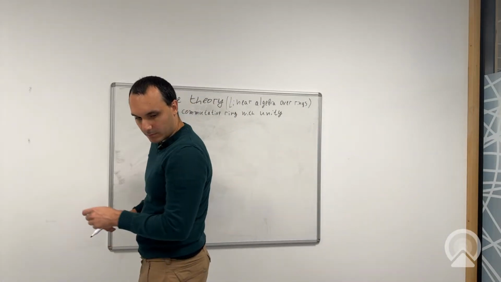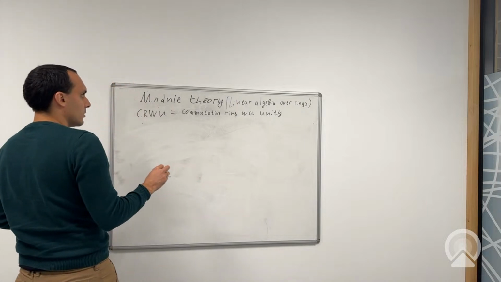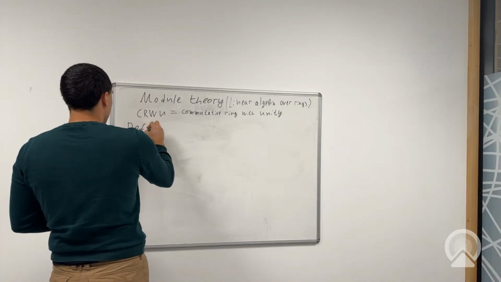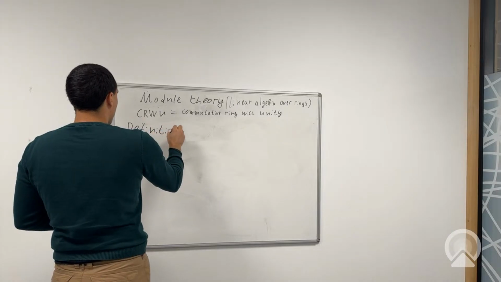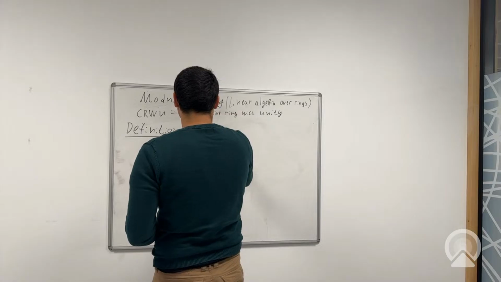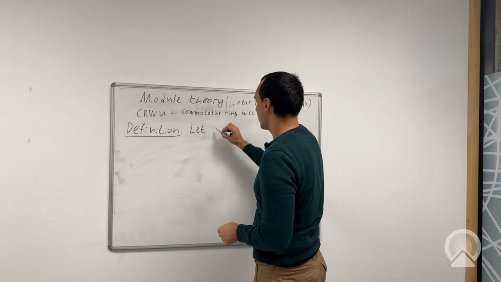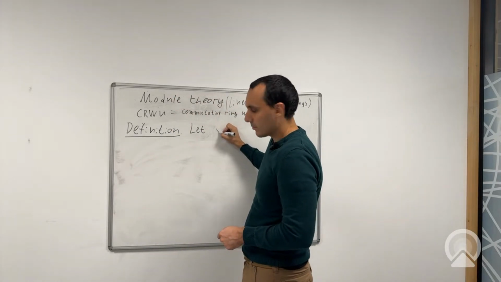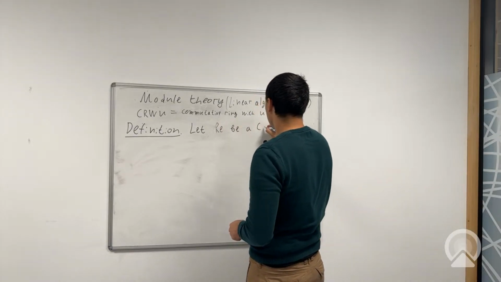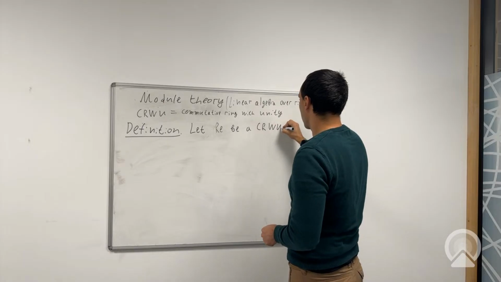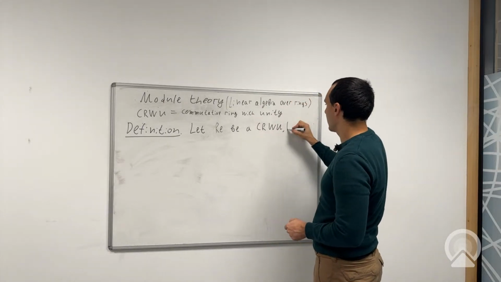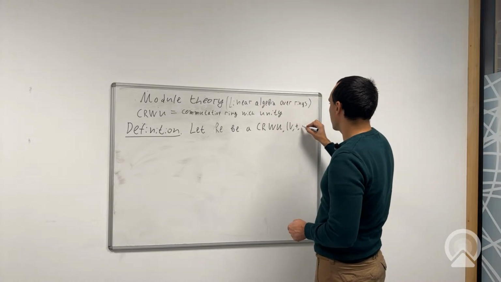So let's define what a module is. Definition. Let R be a commutative ring with unity, and V with operation plus, minus, be an abelian or commutative group.